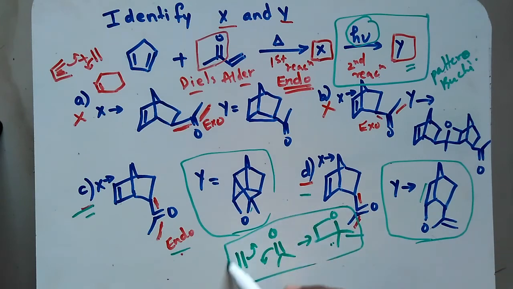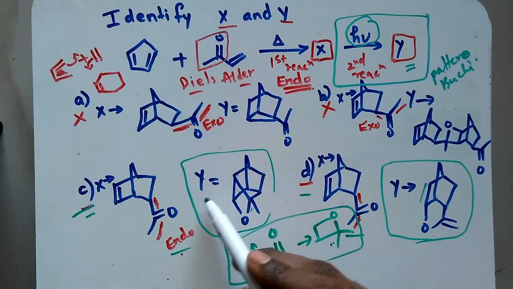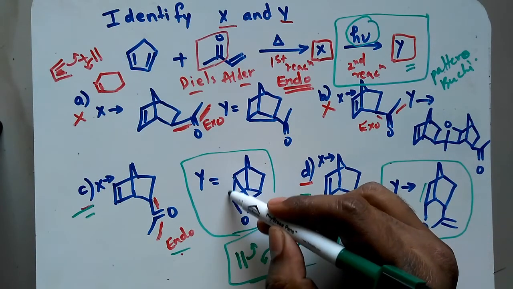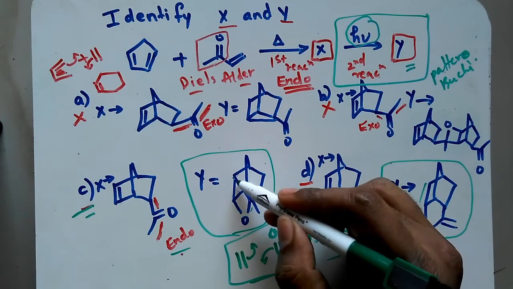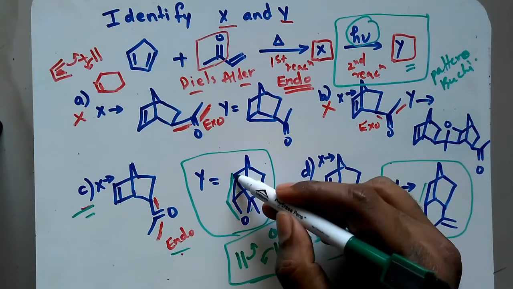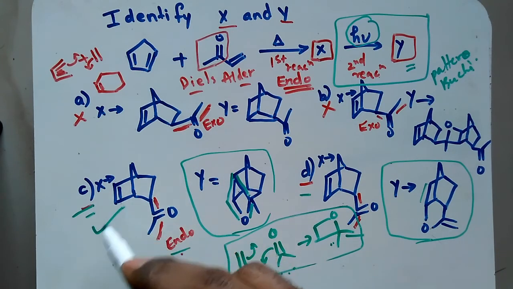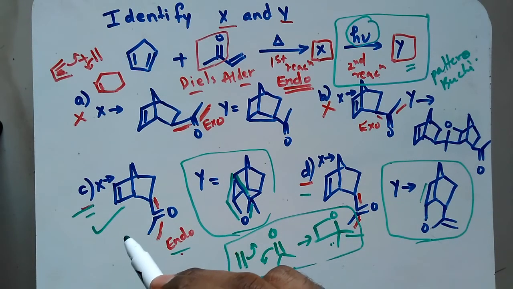So this reaction gives us the product only in option C. If you can see, we lose the double bond from here and we get a 4-membered compound. So this is the right option. Option C becomes the right choice.